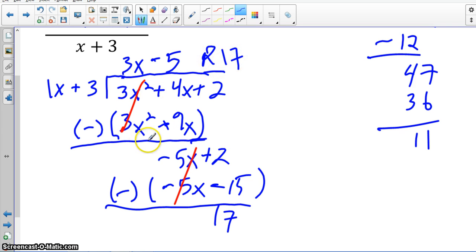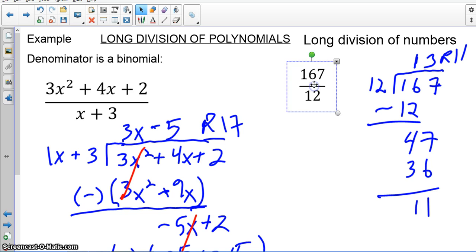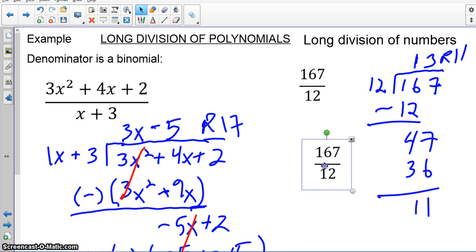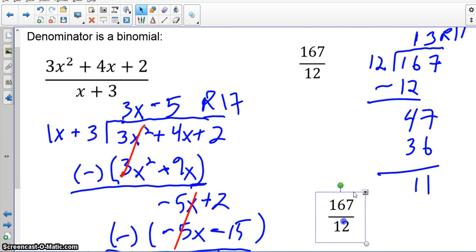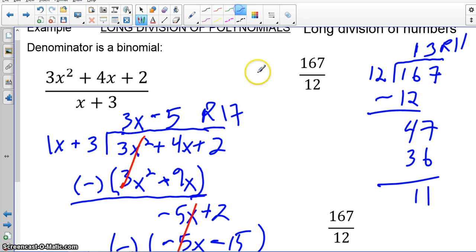But that's not really how we write the answer. In elementary school, I don't know how you learned to write these answers. What this is telling us, over here in the regular long division, is that 167 divided by 12 is equivalent to the quotient, the 13, that old vocabulary there.